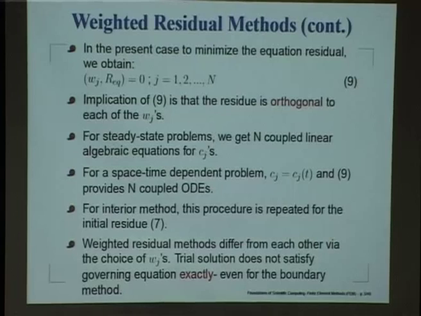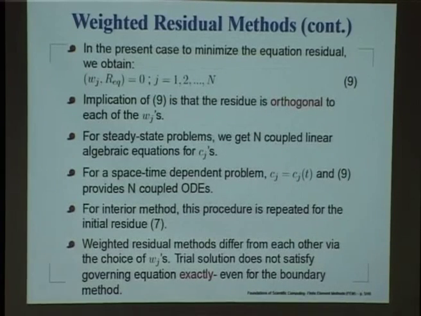What remains is only the time dependence. So that is what we are saying, that for the space-time dependent problem, equation 9 would essentially give you some kind of ordinary differential equation for this coefficient function Cj of t. Okay. So that is the essential difference between time independent and time dependent problems. In one case, you will get linear algebraic equations; in the other case, you will get coupled ODEs.